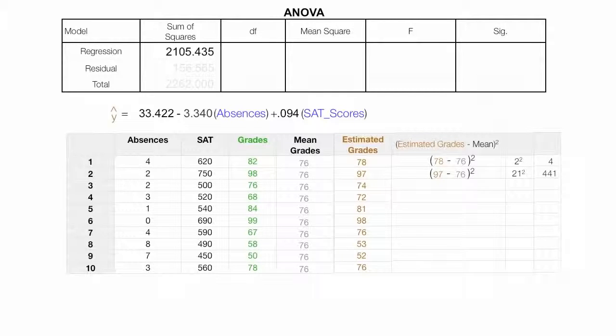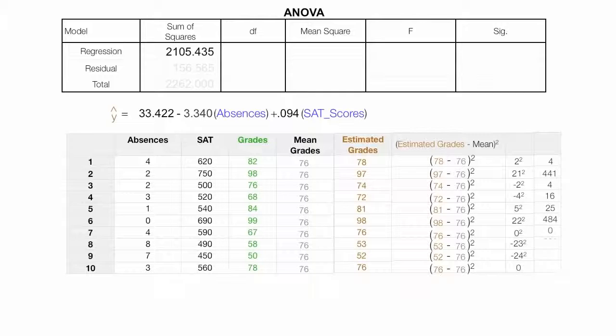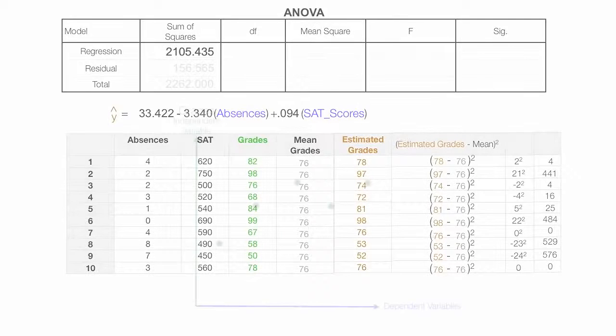Just like before, I'm going to do this for each individual value, and then add all that up and sum it. So let me just put in all the values. And again, I'm rounding. Don't worry about it. It's all good. And this all adds up to 2105.435, and that is my regression sum of squares. That's for my model itself.